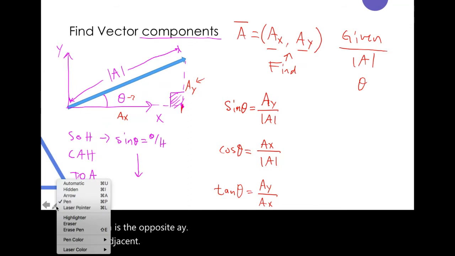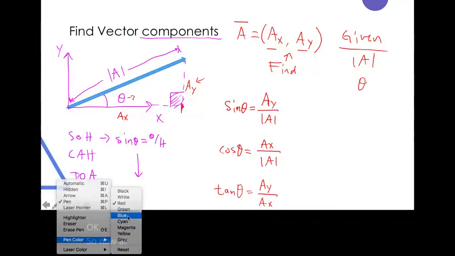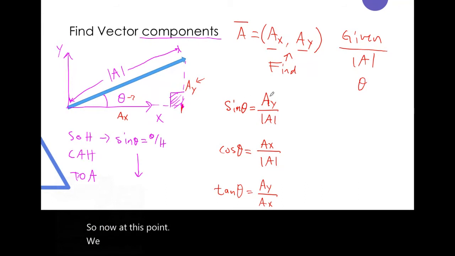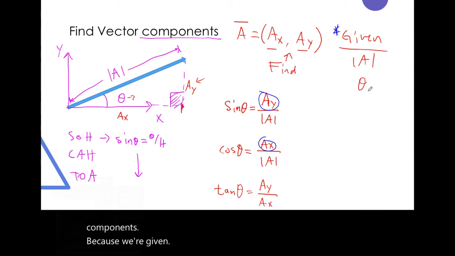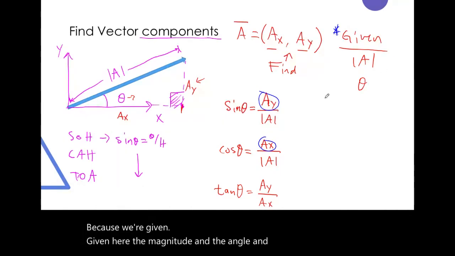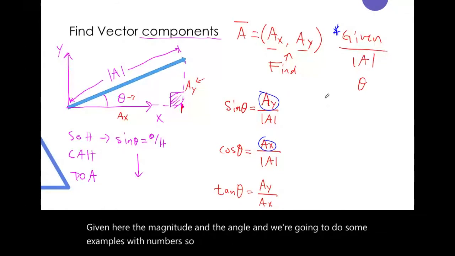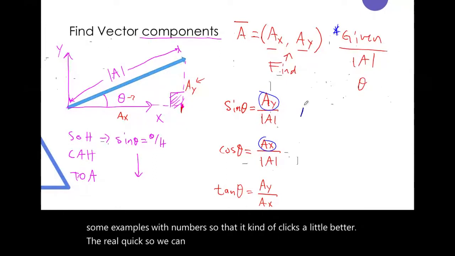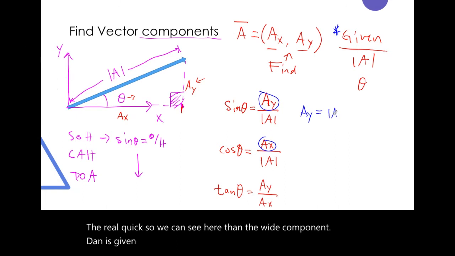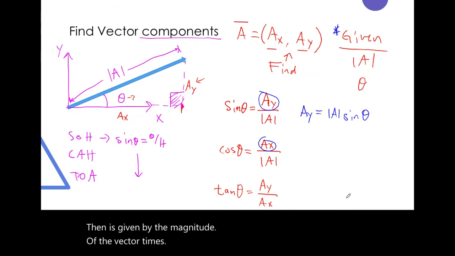Okay. So now, at this point, we can solve for our y and x components, because we're given here the magnitude and the angle. And we're going to do some examples with numbers so that it kind of clicks a little better. But real quick, we can see here then that the y component is given by the magnitude of the vector times the sine of the angle.